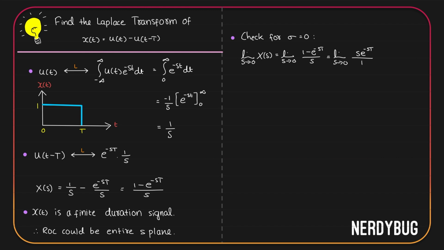Now if I give s the value 0, this will become t. This is a finite value, which means sigma equal to 0 is included in the ROC.